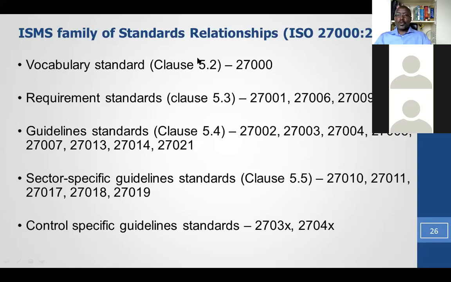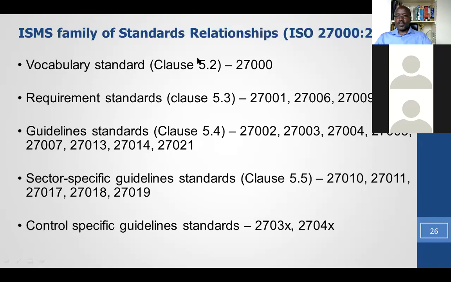So the other requirement standards like ISO 27006, which is a requirement standard for bodies that audit information security management systems. For instance, organizations that audit and certify are called certification bodies of management systems. For a certification body that normally audits and certifies quality management systems, ISO 9001, there is a standard against which they must get certified themselves before they come to audit you and certify you.